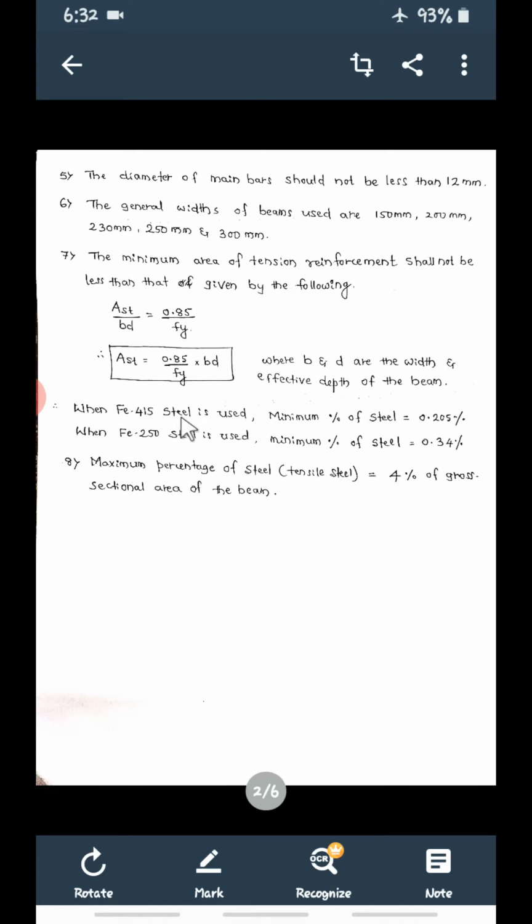If your grade is Fe415, it is 0.205, and if your grade is Fe250, it is 0.34%.